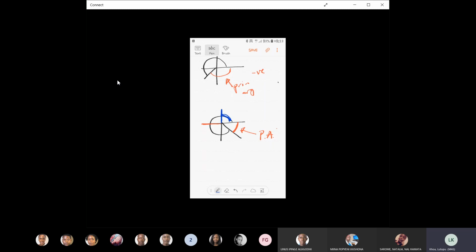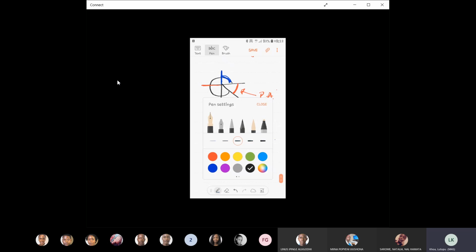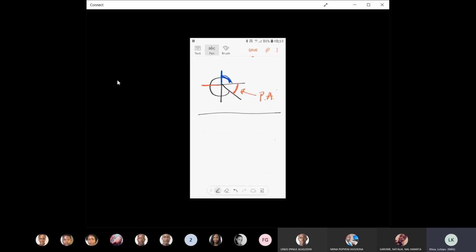Okay, so let's look at some examples of how we will find the principal argument. Oh, sorry, the principal value. So you have a question like this. It says find the principal value of ln of e to the power of pi over 3 j.